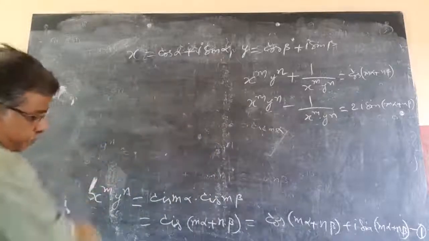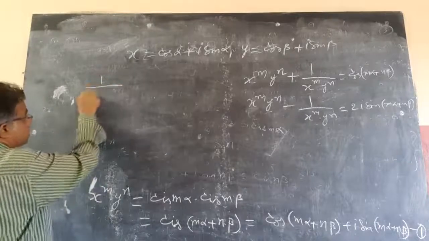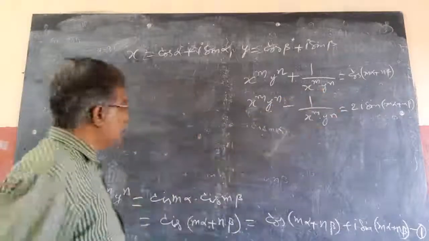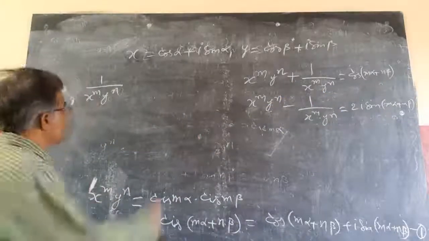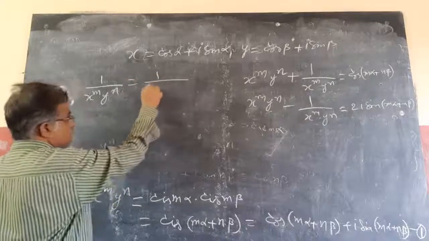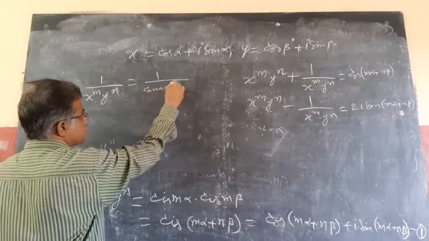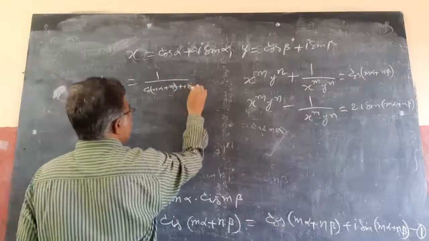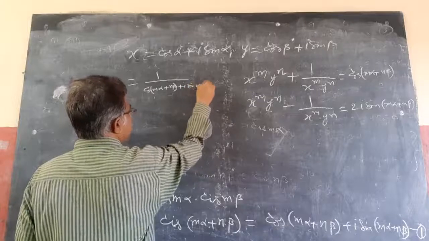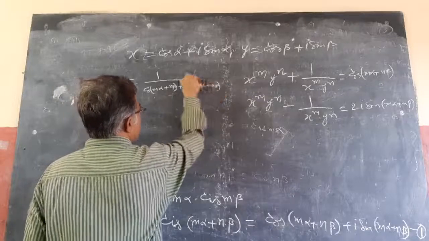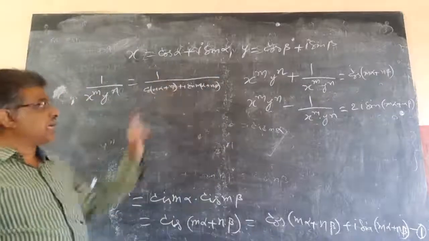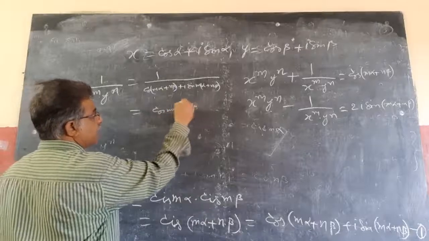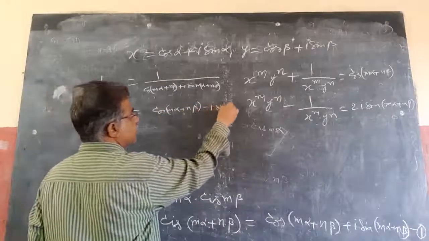So 1 by x power m into y power n is 1 by cos of m alpha plus n beta plus i sin of m alpha plus n beta. Now I will multiply numerator and denominator with cos of m alpha plus n beta minus i sin of m alpha plus n beta.